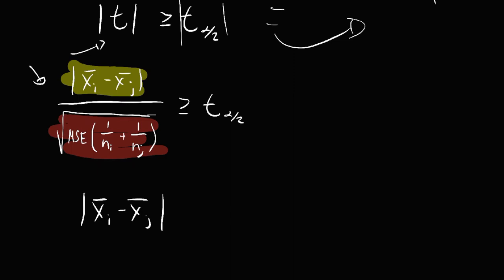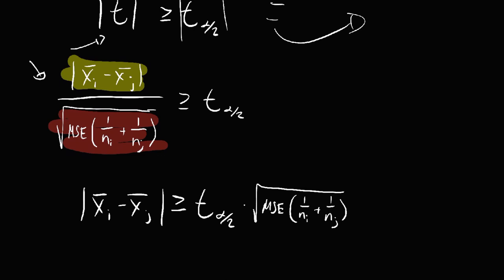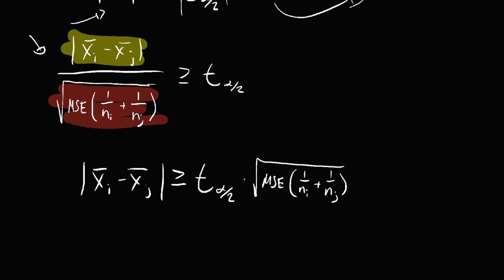enough to be significant? Now, how I get the mean difference alone on its own side is multiplying both sides by the stuff in red. So I take my t sub alpha over 2, and I multiply by that stuff in red, the square root of the MSE times 1 over n sub i plus 1 over n sub j. And this becomes how I compare my mean difference over here on the left to a cutoff.